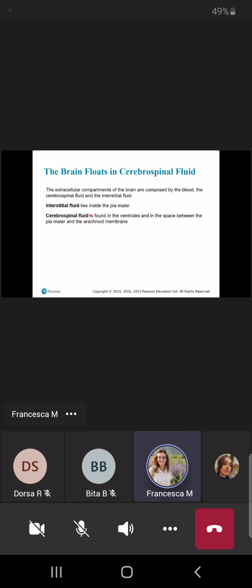It receives molecules, factors, soluble factors that come from the brain. So it's useful for the diagnosis, and if we want to develop a specific therapy for this neurodegenerative disease.